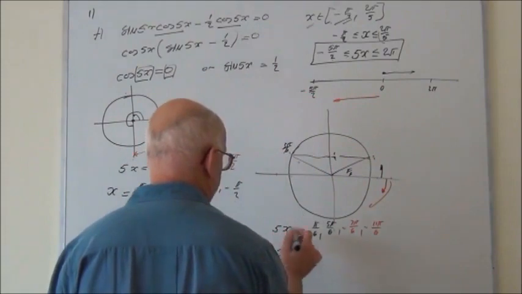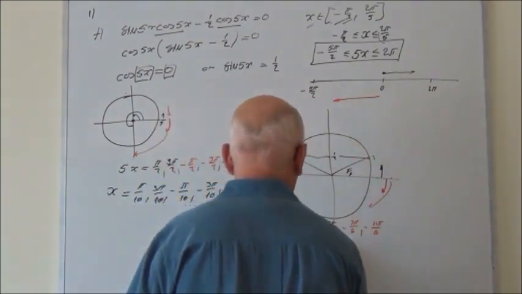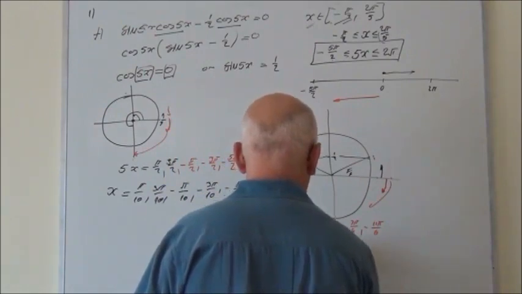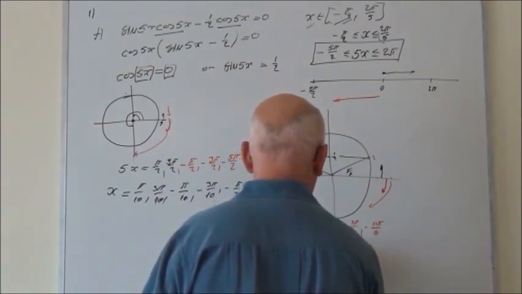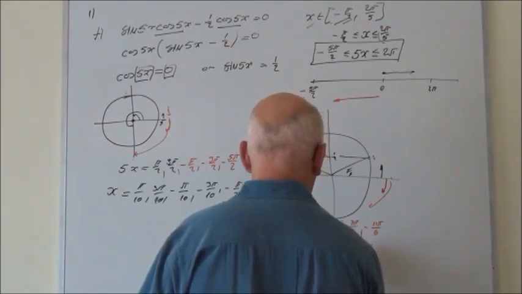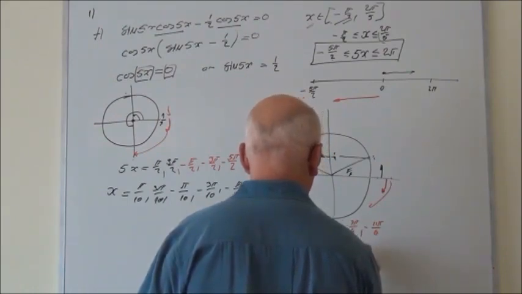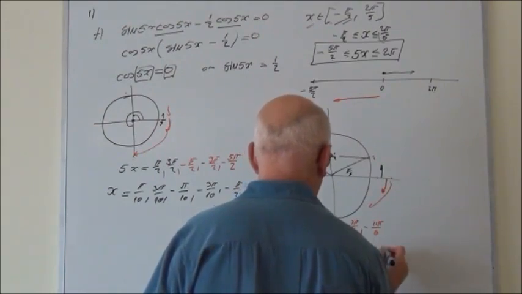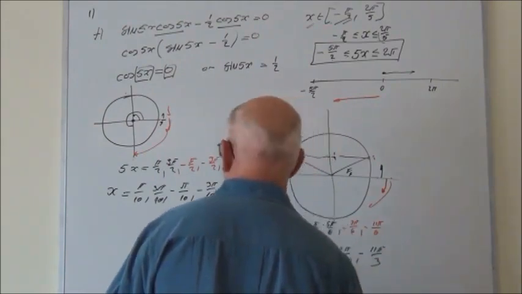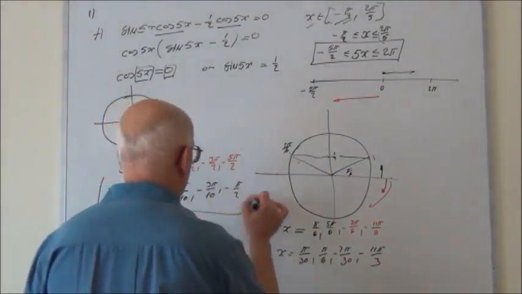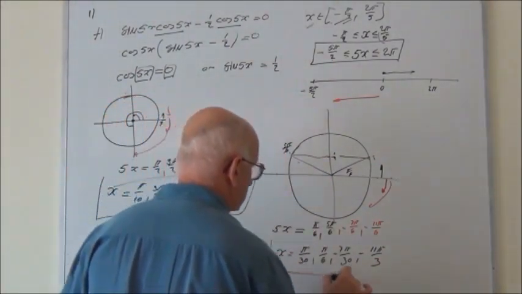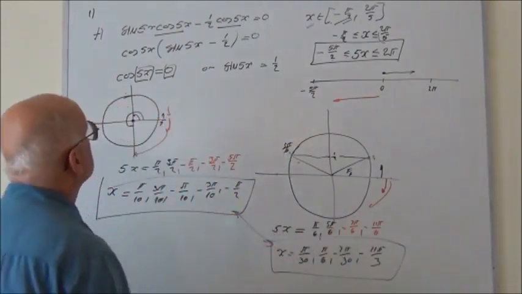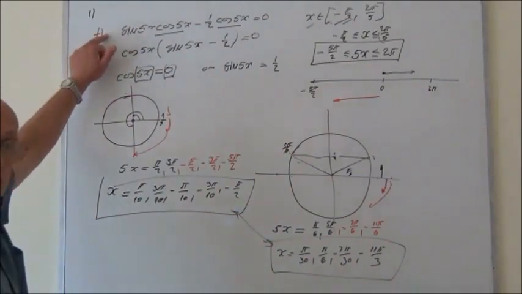So x equal, when you divide by 5, will be pi on 30, then pi on 6, then negative 7 pi on 30, and then negative 11 pi on 30. So all this and this here are solutions to this equation.